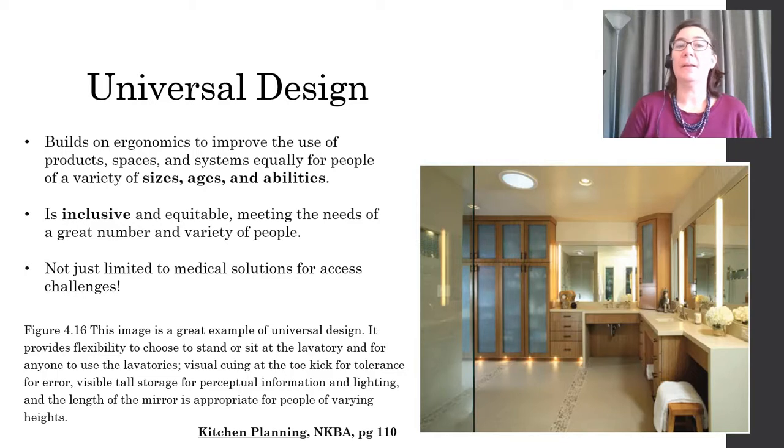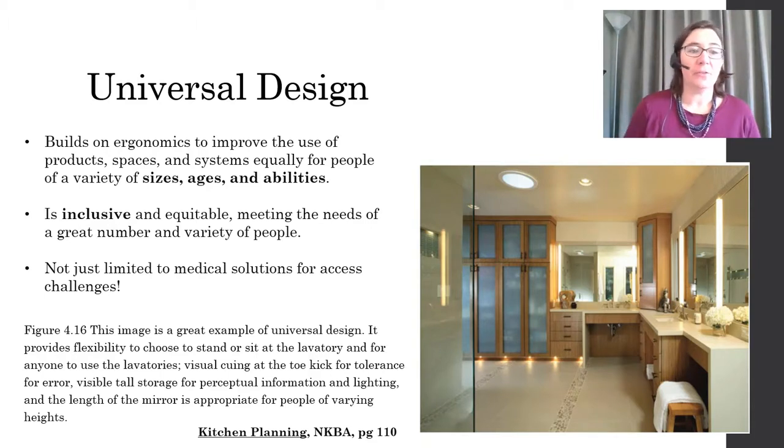Universal design is inclusive and equitable, meaning that it meets the needs of a great number and variety of people. Right? When we're talking about universal design, we are not just talking about medical solutions for specific access challenges, such as someone in a wheelchair.